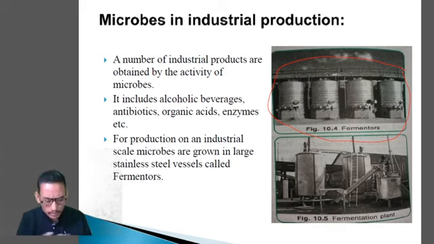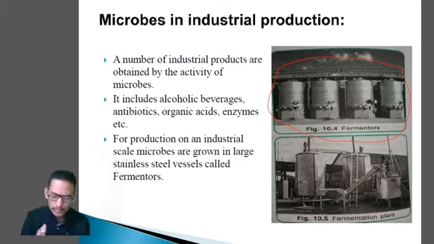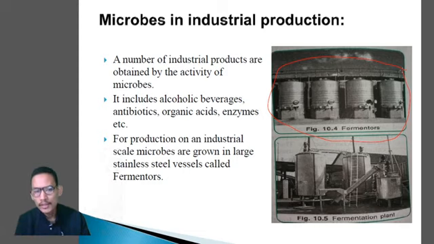Fermenters are automated containers where cultures are easily monitored and controlled. So in these fermenters, the microbial culture can be easily monitored and easily controlled. Clear? So remember the word fermenters, and usually this particular plant is called a fermentation plant.